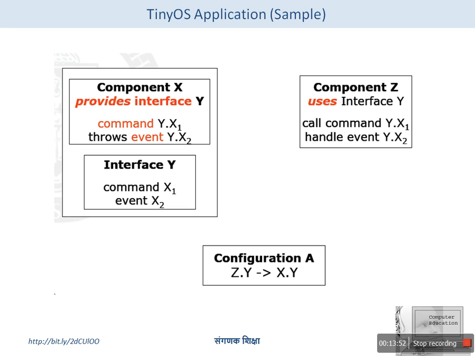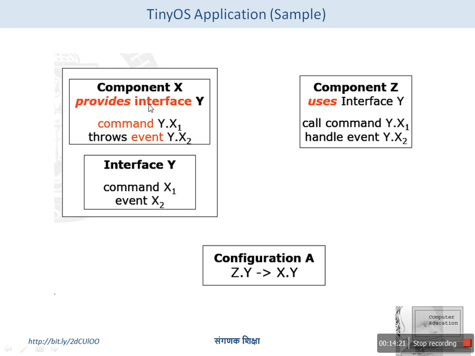Now this is a TinyOS sample application. This sample application has a component X, a component Z, and a configuration file. Component X uses some interface Y. This interface has some functions and some variables, and by a command you call those functions. Suppose x1 is a function defined in interface Y. Here is a command x1 and an event x2.